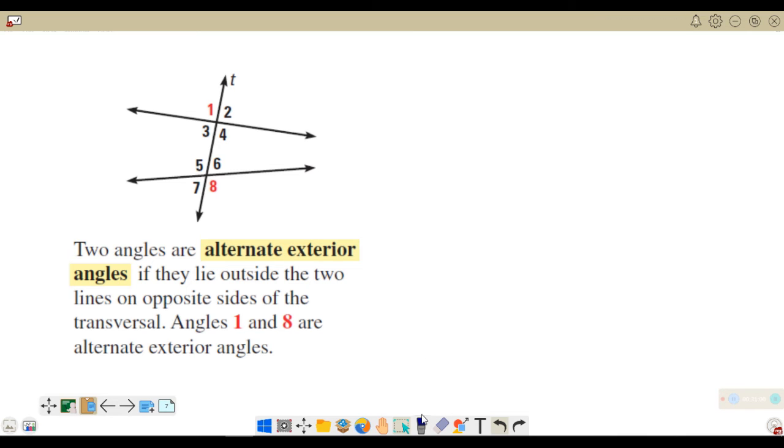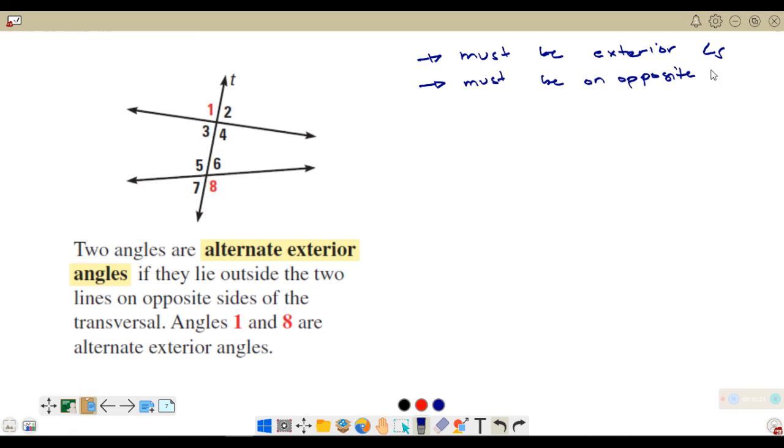May kulang na ulit dito. Kasi, di ba ang mga indicator natin, must be exterior angles. Pangalawa, must be on opposite sides. Meron pa yung pangatlo. Yun yung word na alternate.